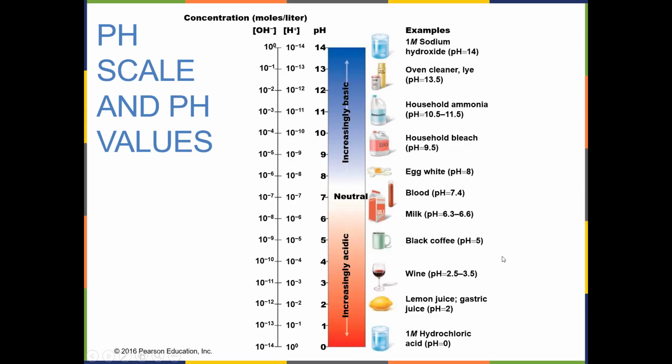So why is this scale important to us? Because our bodies are designed to operate around a narrow range of pH between 7.45 and 7.35. If we go outside of that, bad things start happening. Cells start breaking down one way or the other. We even use this to measure how much carbon dioxide we have.